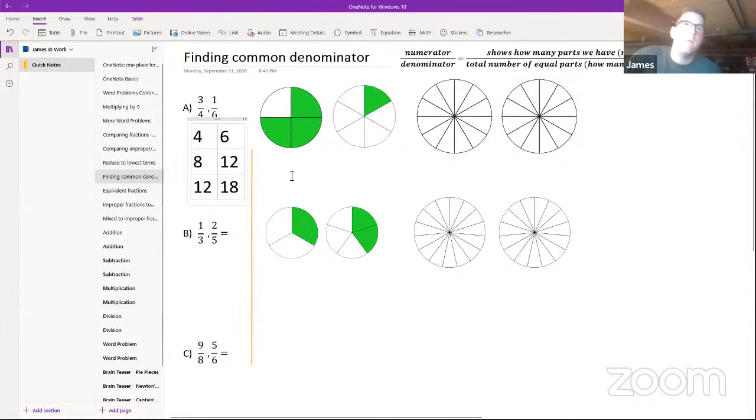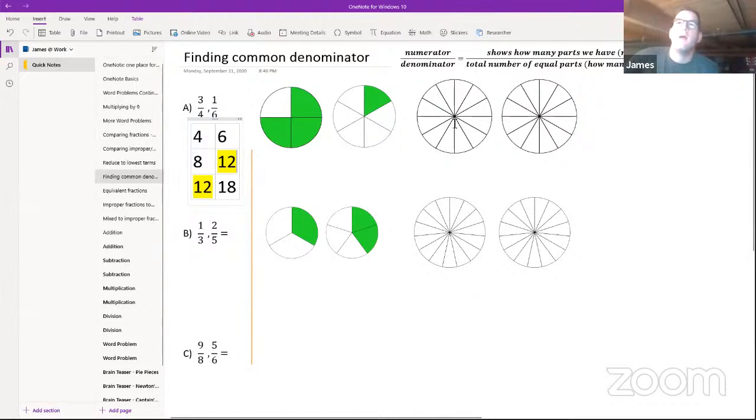And now we have matching numbers on the left and the right. The 12 matches between the left and the right. So that is our common denominator for 4 and 6. 4 times 3 is 12, and 6 times 2 is 12.